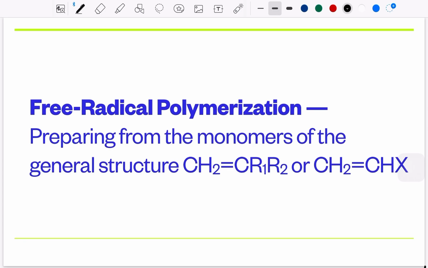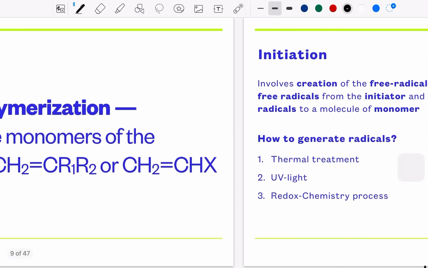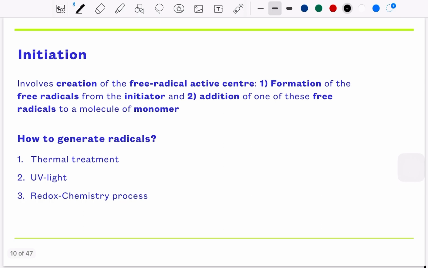Let's say we begin from the previous slides, where we prepare the final polymers from monomers. First, we are going to look at the first step, the initiation. It involves the creation of the free radical active center.